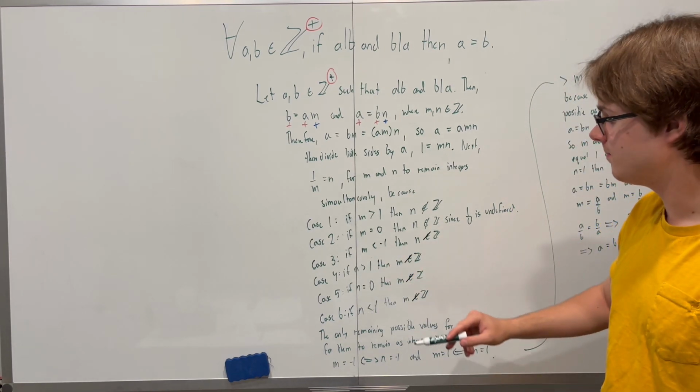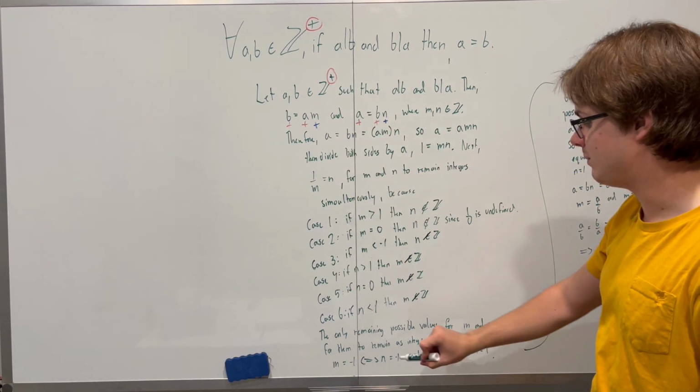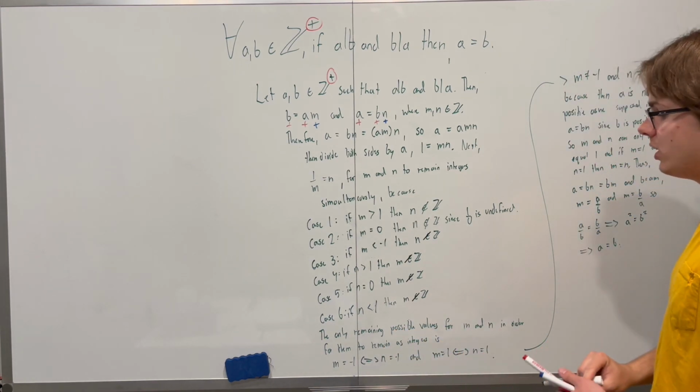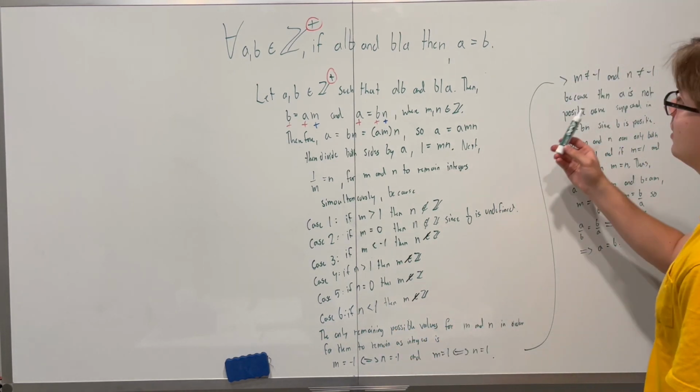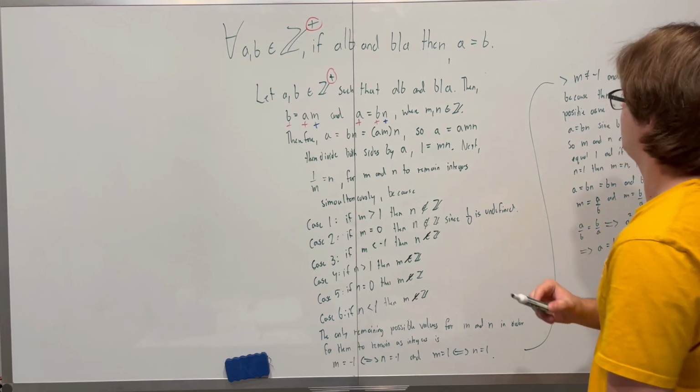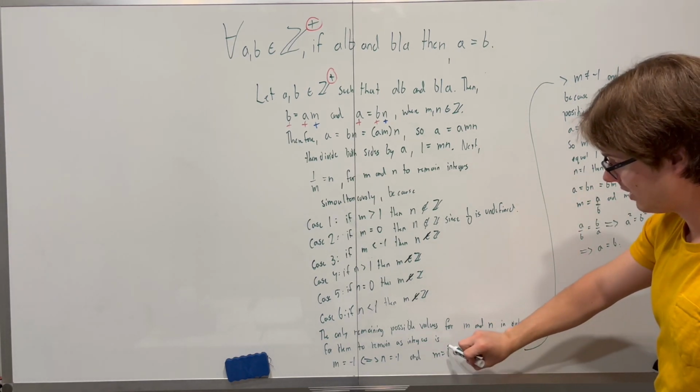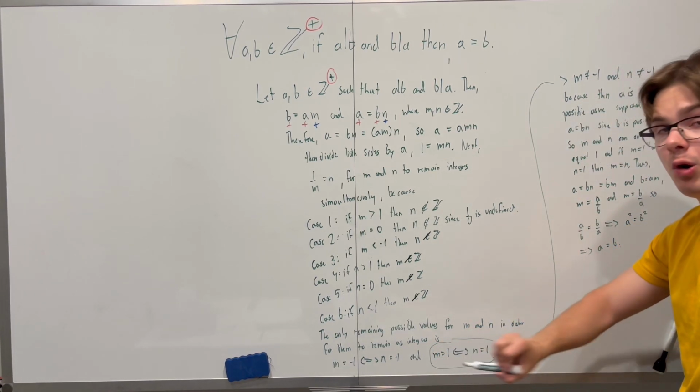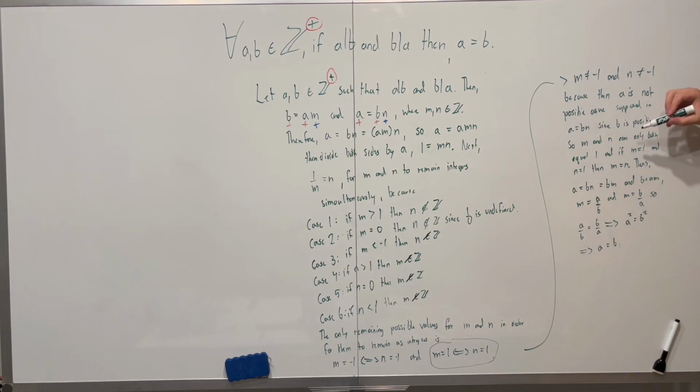Similarly for n, which leaves m and n to only be equal to -1 and 1. We know they can't be negative because then it breaks our first assumption. So that leaves that they can only be equal to 1. And if they're both equal to 1, we can say m is in fact equal to n.